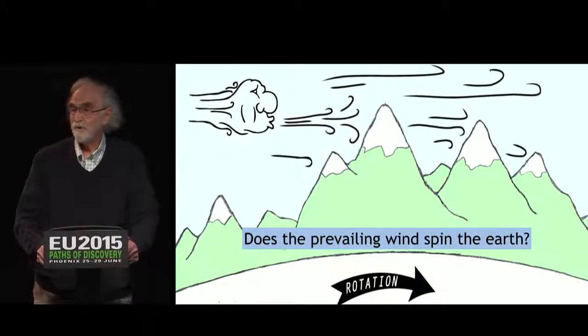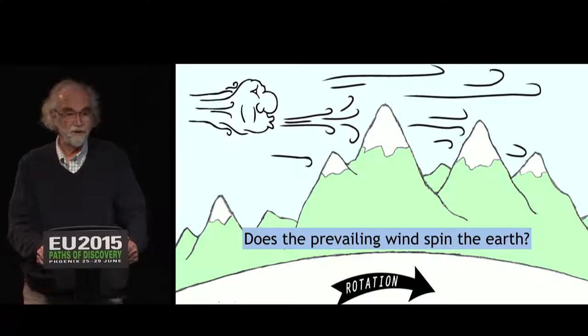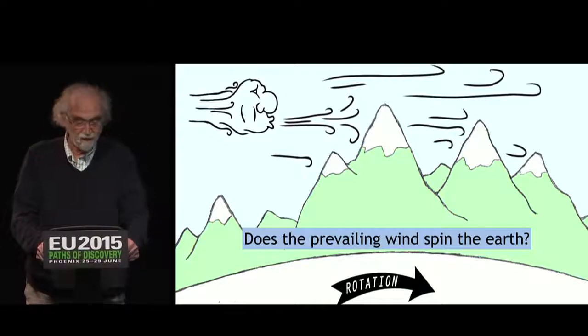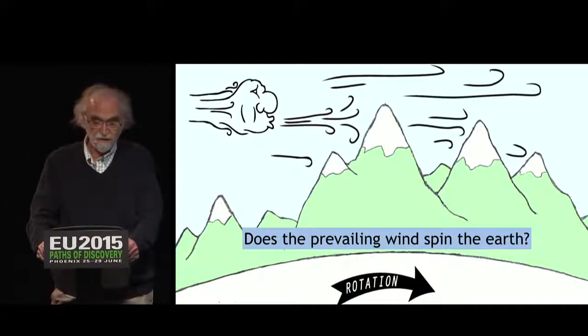So I started thinking about that. And what I want to get to toward the end of this talk, and I'll give you a punchline, is that I'm going to suggest to you that the wind blowing over the Earth is actually what's responsible, at least hypothetically, a speculation, for keeping the Earth rotating.